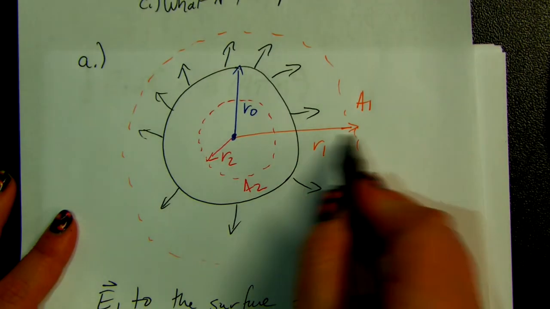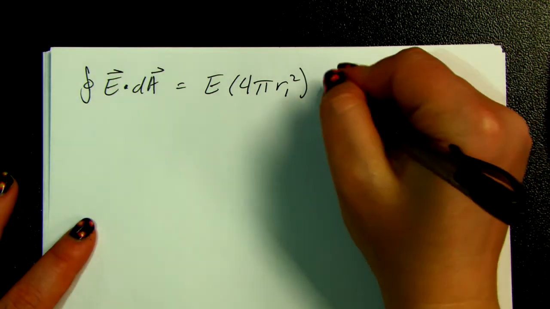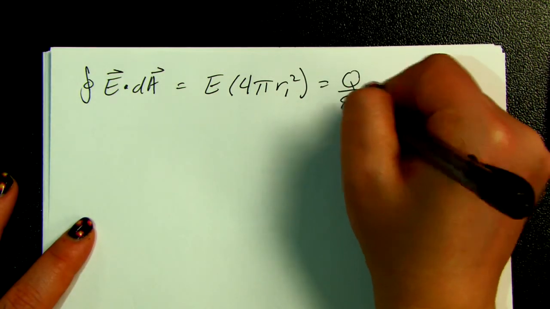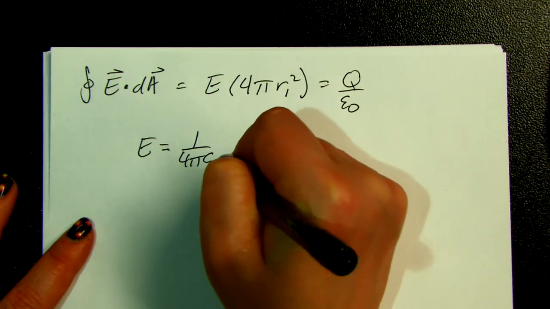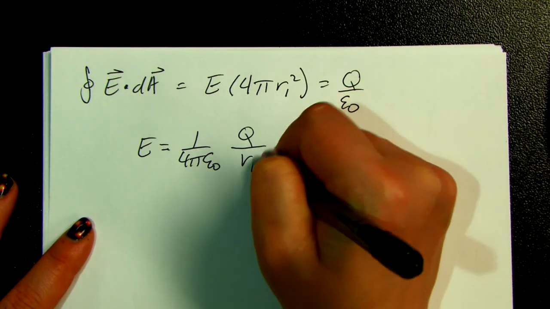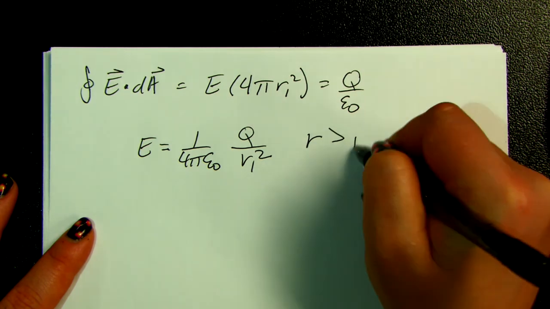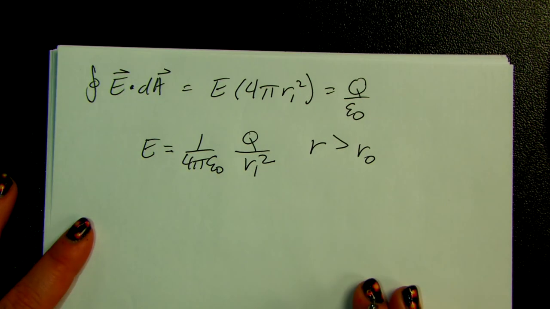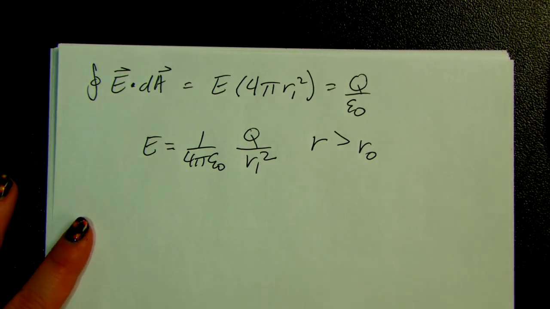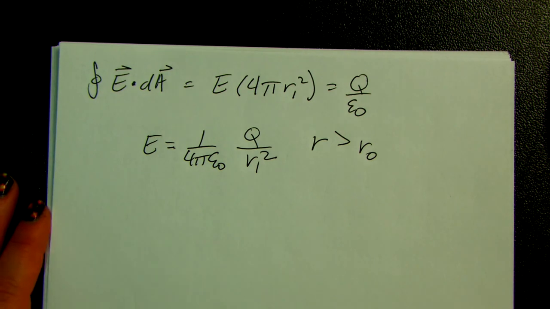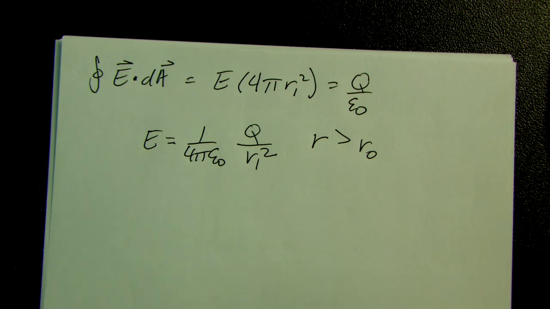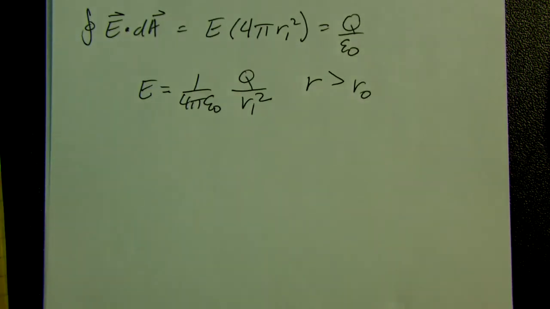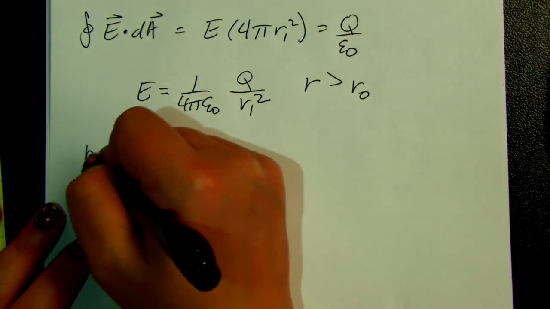This is R1, is equal to Q over epsilon naught. E is equal to 1 over 4 pi epsilon naught Q over R1 squared for R greater than R naught. Okay, we've seen this before. In my opinion, Gauss's law is really just a more beautiful way of doing it, but we're not surprised by this. Actually, we're not going to be surprised by anything. We're just going to see a new way of thinking.